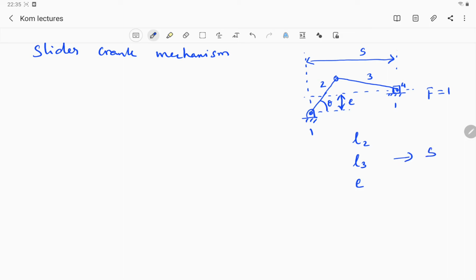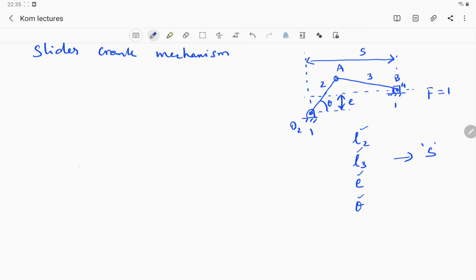The position of the slider, that we need to identify. Okay, and let's call this O2, this A, and this B. Now let's see, if L2, L3 and E are given along with theta, let's see how to construct this configuration, and once we construct this, we know what is S, right? So let's try to construct it.